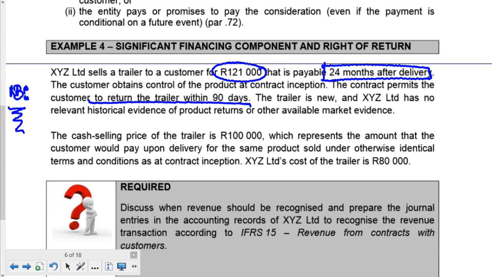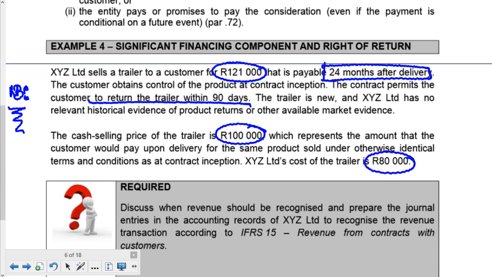The trailer is new, and XYZ has no evidence about product returns. They don't know if within 90 days something's going to go wrong and the product will be returned, or whether it won't. The cash selling price of the trailer is 100,000 Rand, which represents the price that a customer would pay upon delivery for the same product. And the cost of the trailer is 80,000.